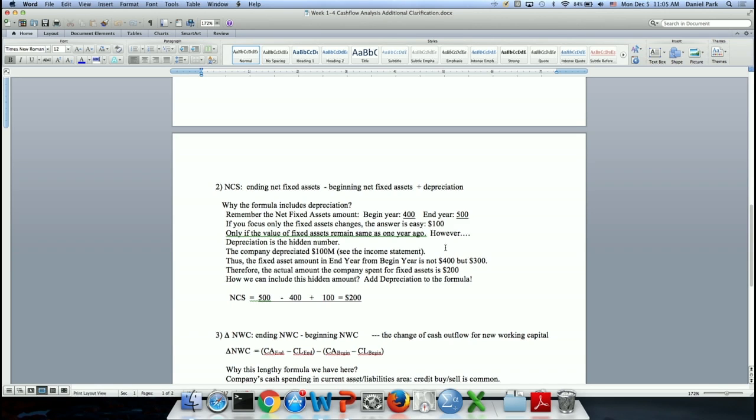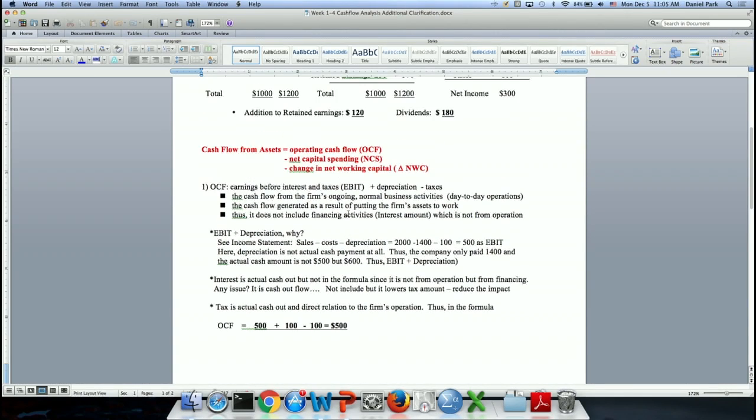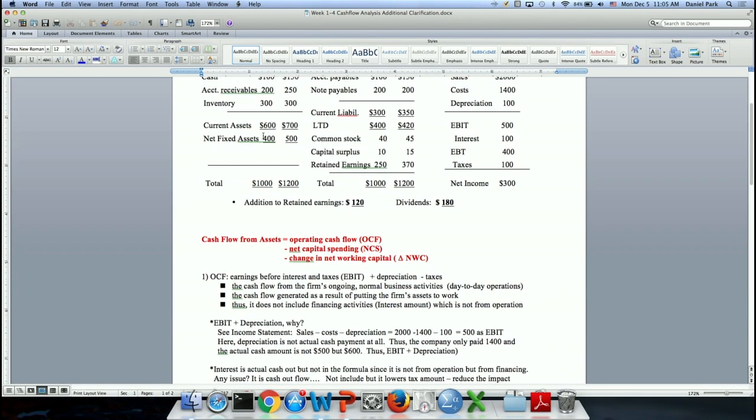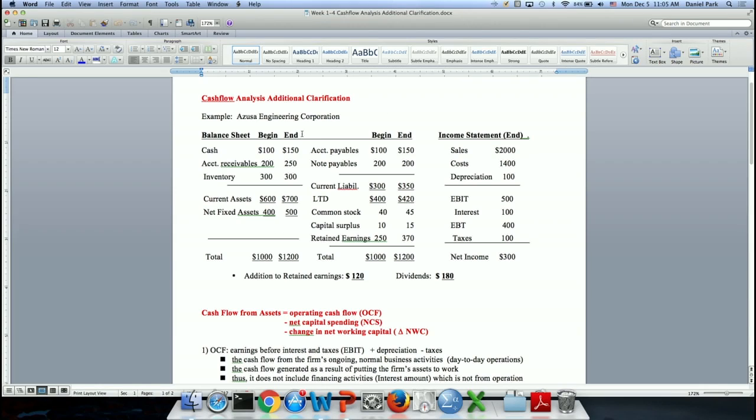Because out of 400, we depreciate the 100, so only 300 million value comes into the end of the year fixed asset. From 400, we depreciated 100, and then only 300 million comes into the end of the year. But the answer is finally 500. That means 300 plus 200 ended up 500.